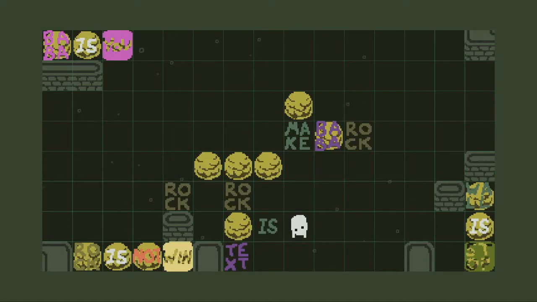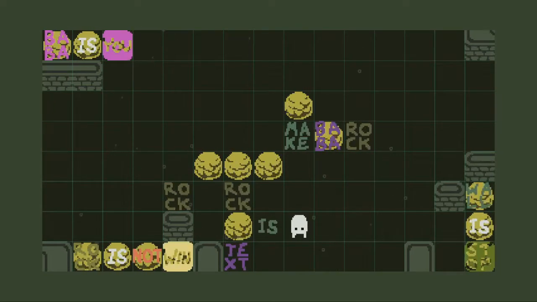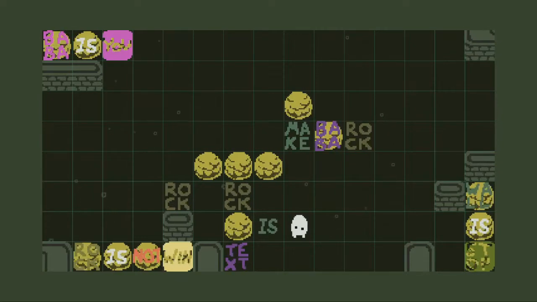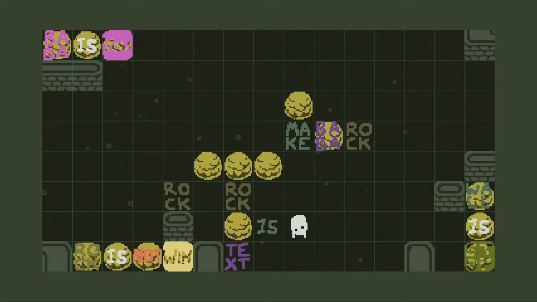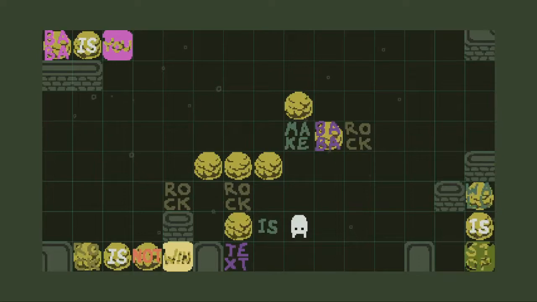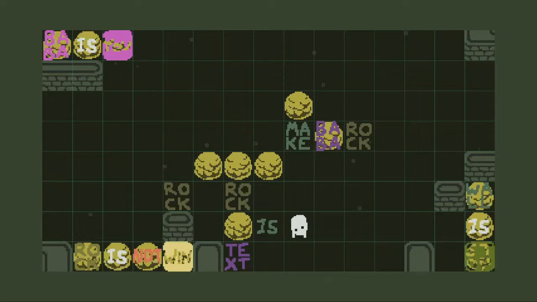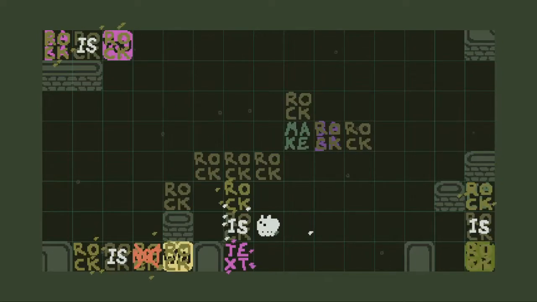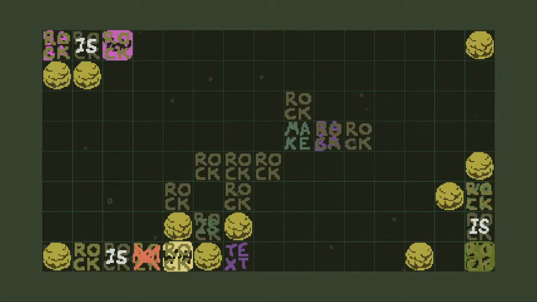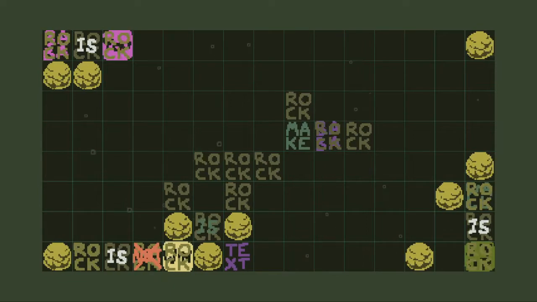So could I have also said, like, rock makes Baba, at the same time I was doing this? When would I want that to happen? Right here.